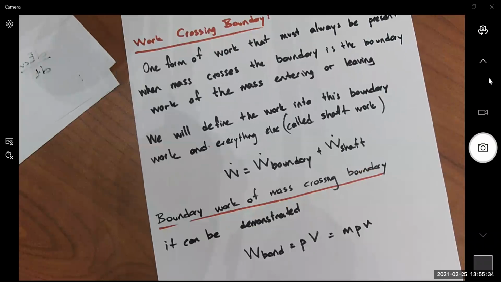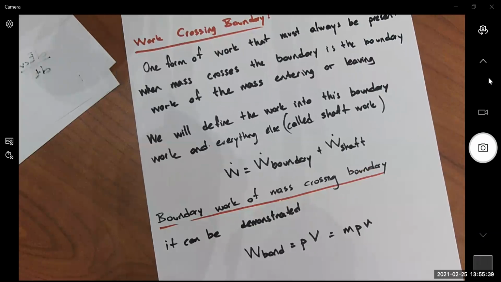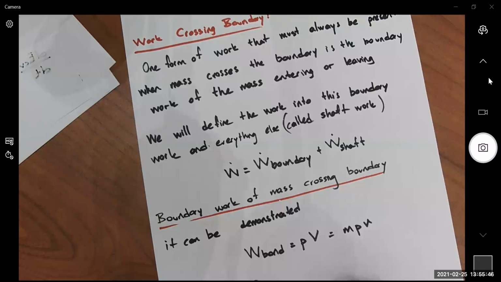So V here is the volume, meter cubed. But also, work boundary in rate form will be pressure times volumetric flow rate, meter cubed per second.